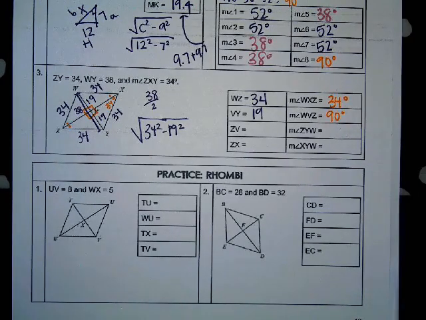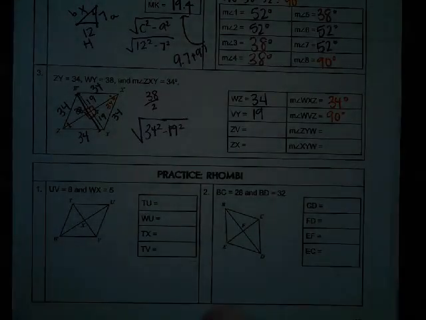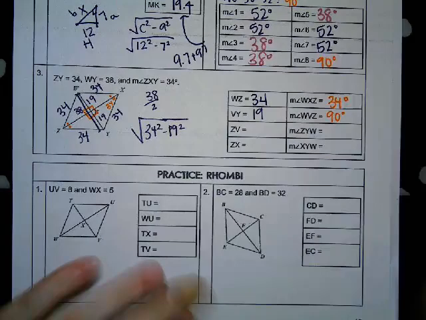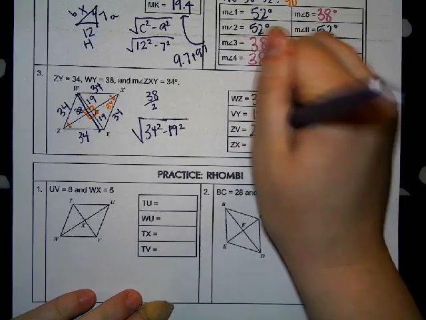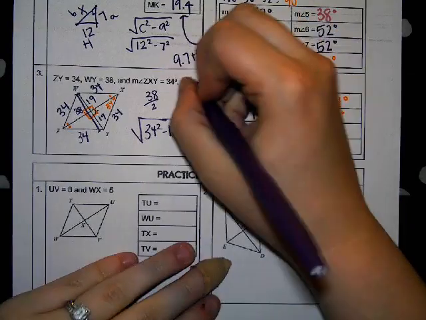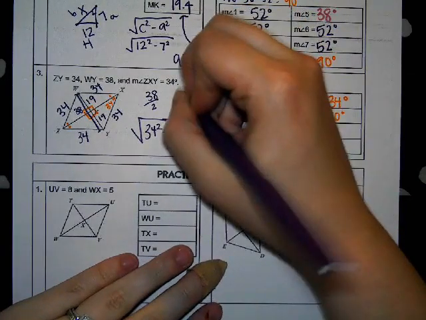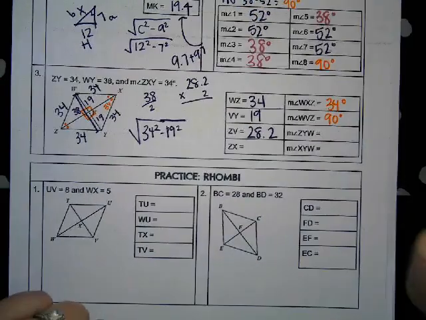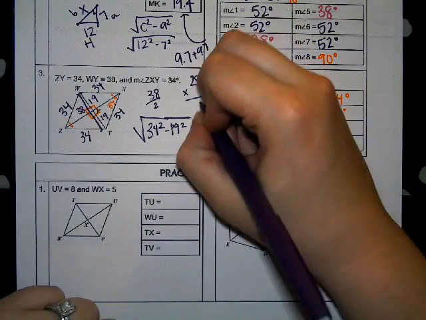That gives me an answer of 28.2. So here, I turned off the light. Here, ZV is 28.2. Remember, Pythagorean theorem, it's okay if you have decimals. If that half is 28.2, to figure out the whole thing, I'm going to take 28.2 times 2. And that gives me 56.4.